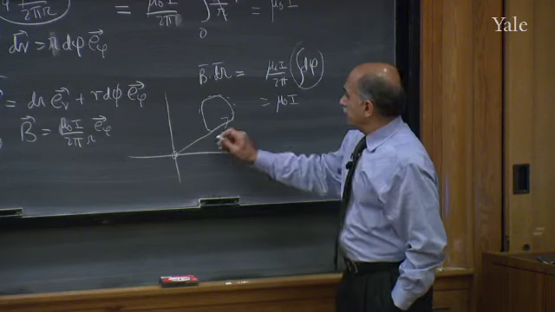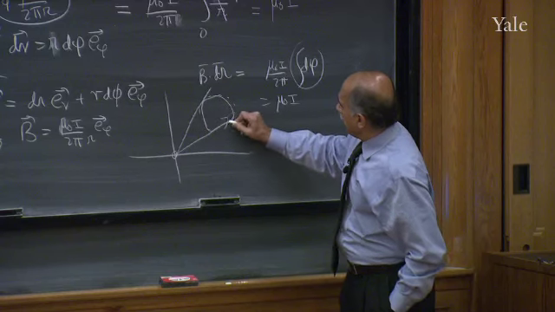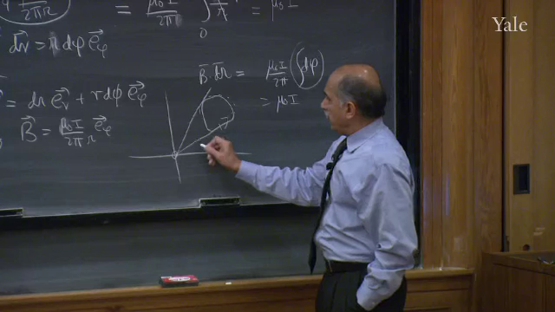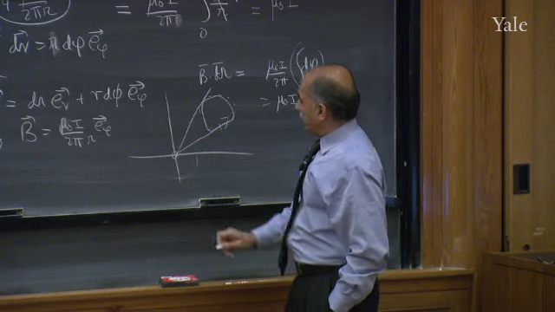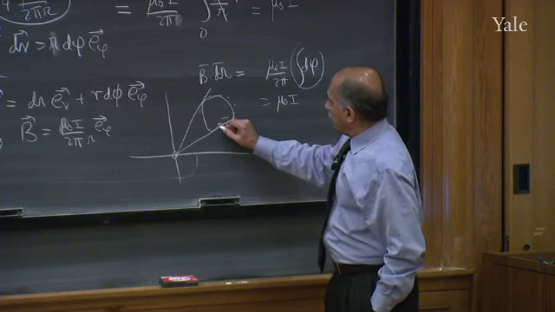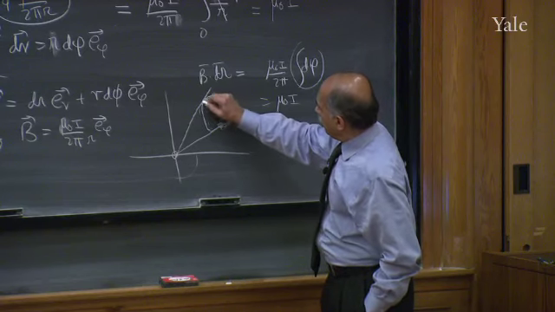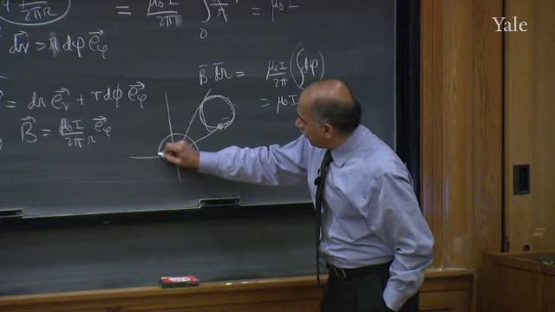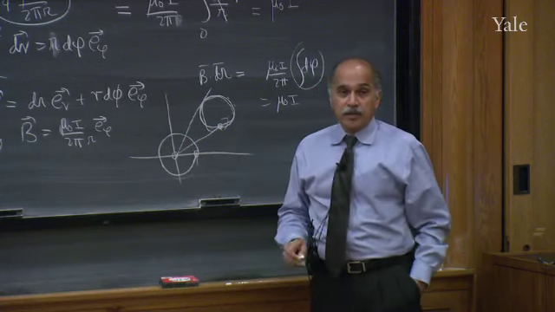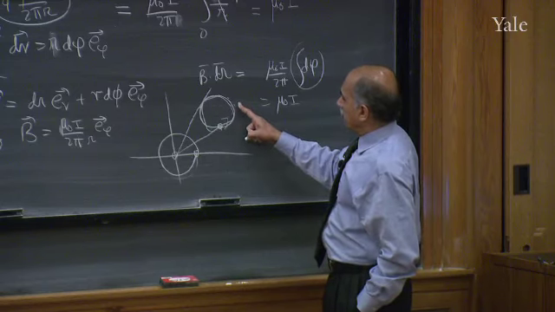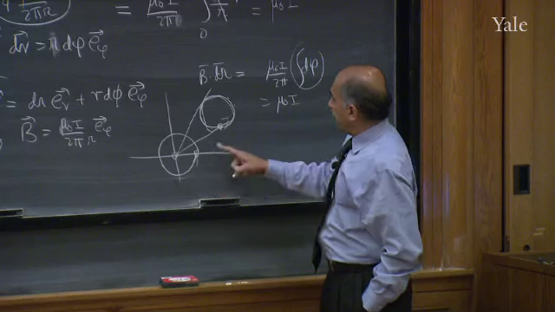In any loop bounded by some lines, the range of phi as you follow it goes back to 0. Whereas if you encircle the origin, the phi changes by 2 pi. So if you take a point here and you go around in a loop, you come back to the same phi. If you take a point here and you go around, phi goes up by 2 pi. That's why a loop not enclosing a current will get 0 contribution. A loop enclosing a current will get mu 0 I.